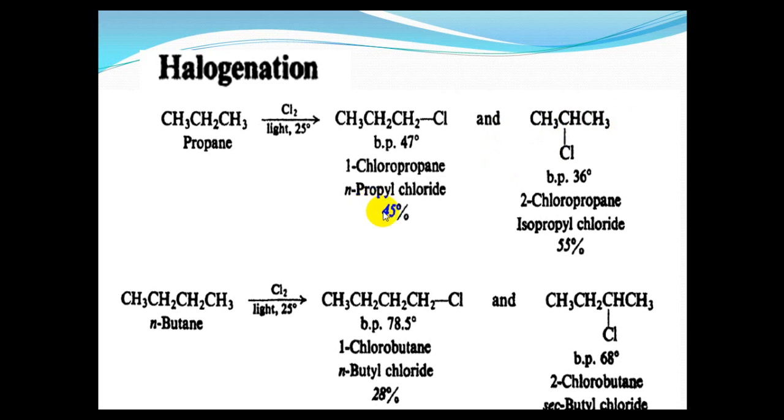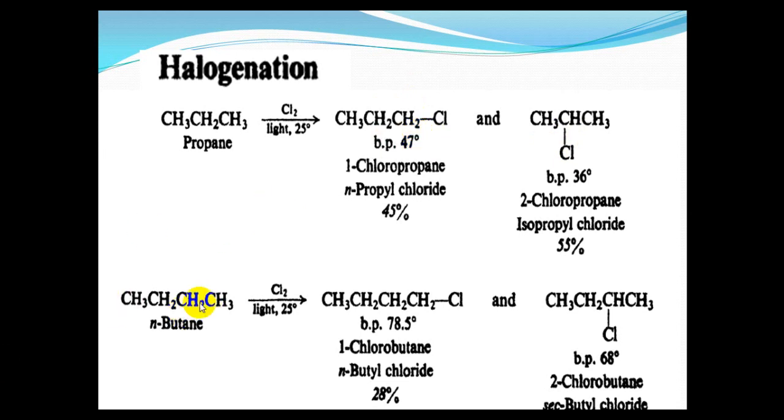The ratio of reaction for this compound will show more ratio for 2-chloropropane because the free radical which is produced from propane, the secondary free radical, is more stable than the primary free radical for propane.